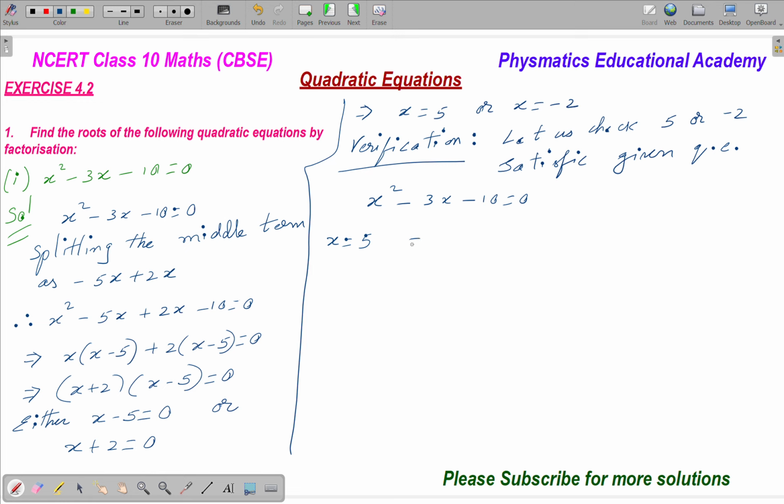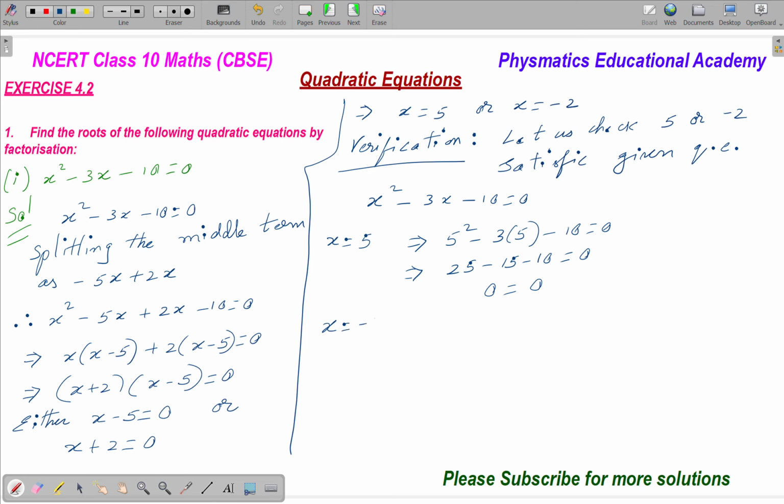When x is equal to 5, that implies 5 square minus 3 into 5 minus 10 is equal to 0. That implies 25 minus 15 minus 10, which is equal to 0. So 0 is equal to 0.